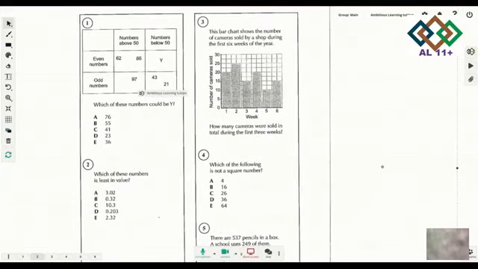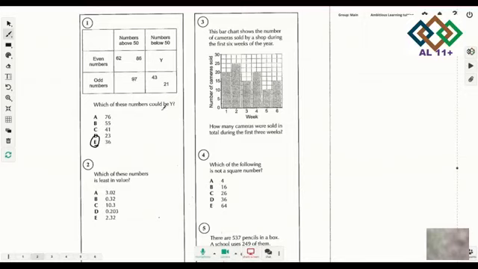So let's do the first one now. All of you must have done it and you would have your answers with you. The answer for number one was an easy one. It was E, because they are asking you which of these numbers could be y.